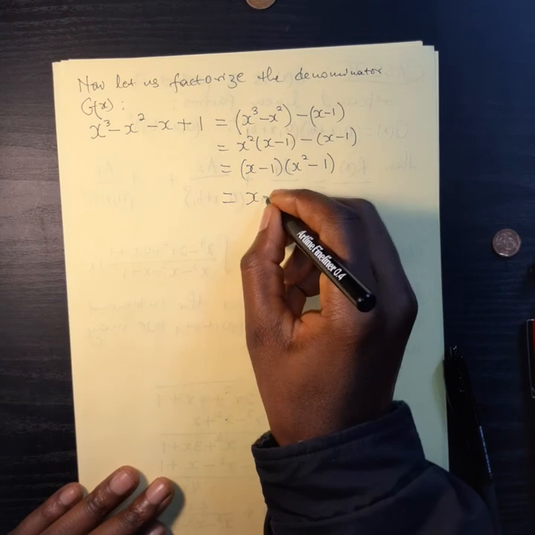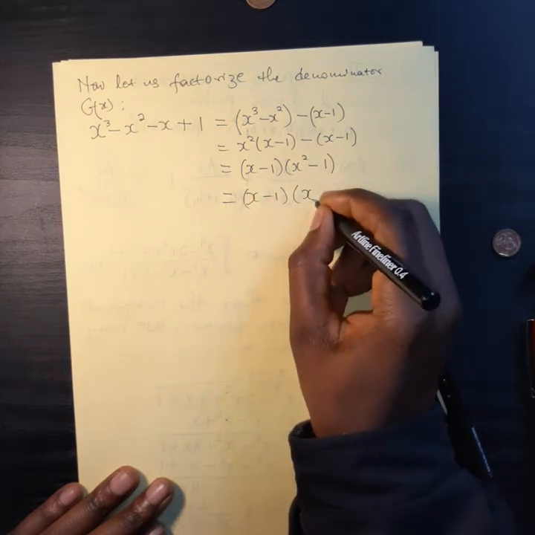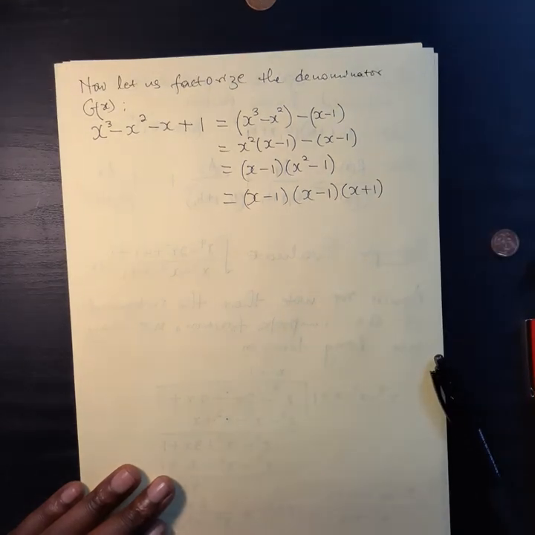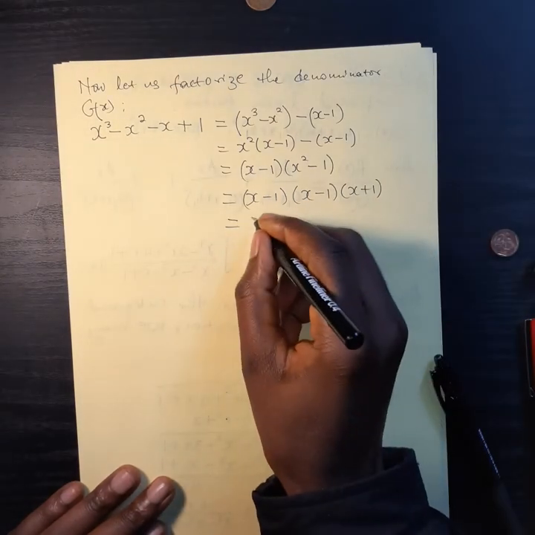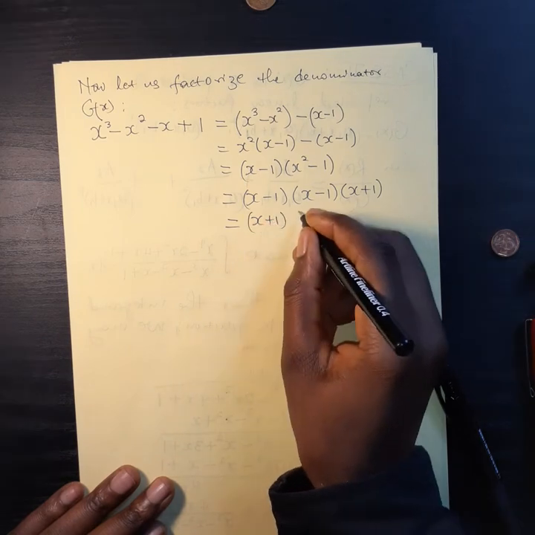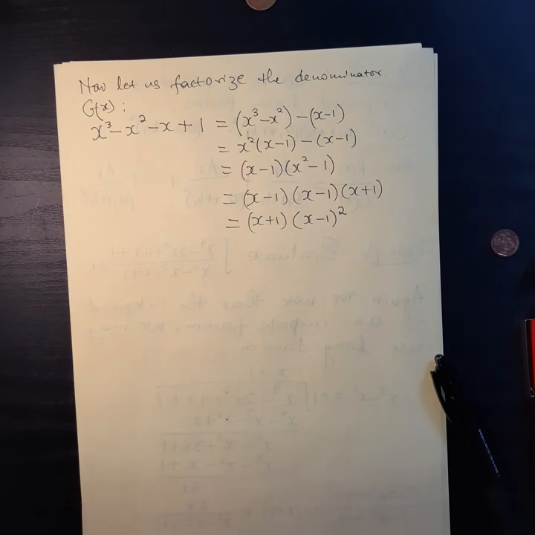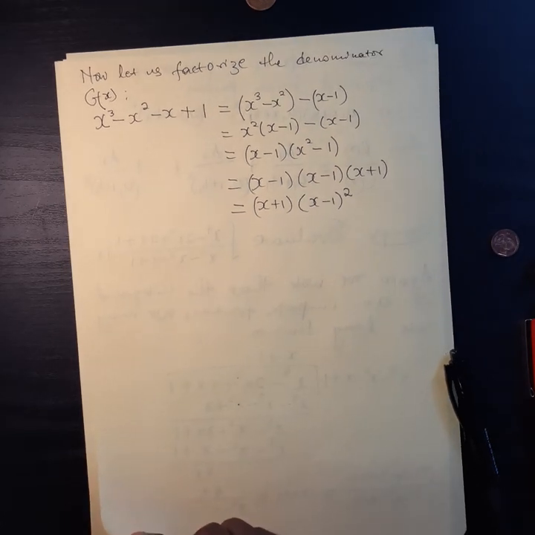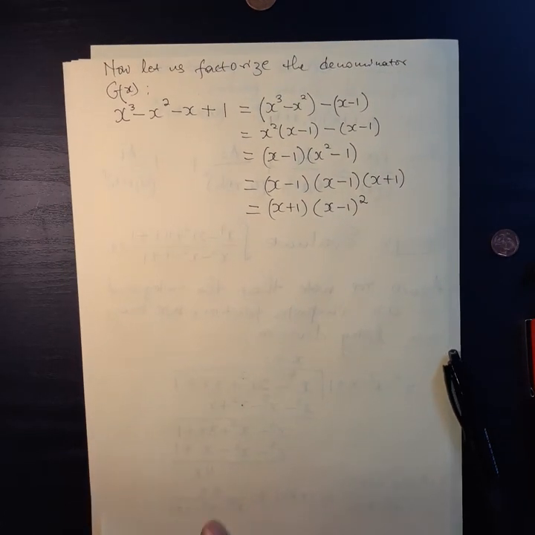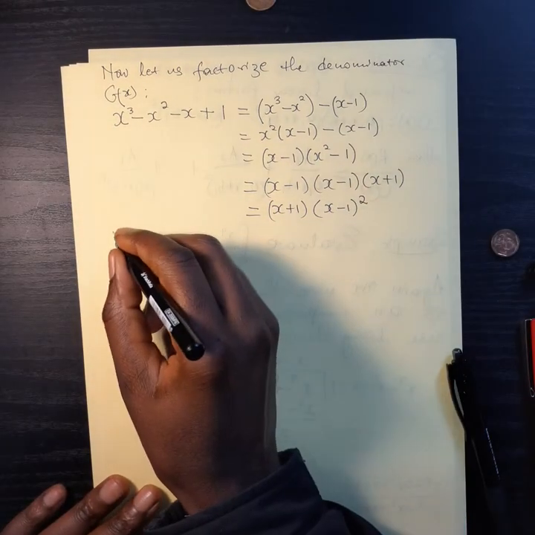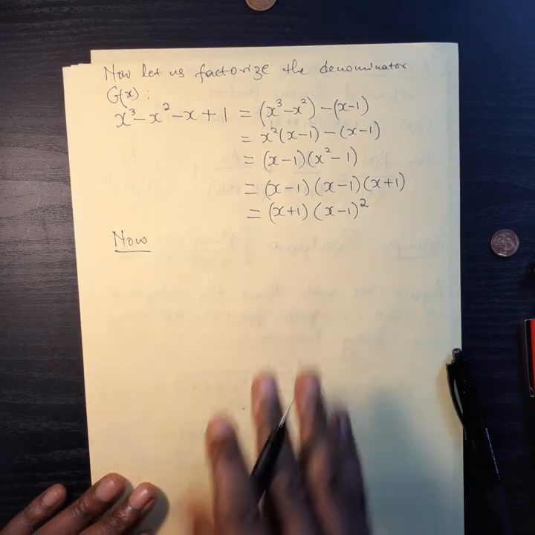You get x minus 1 into x minus 1 into x plus 1, which I may write as x plus 1 into x minus 1 squared, like that. So we have factorized our denominator.